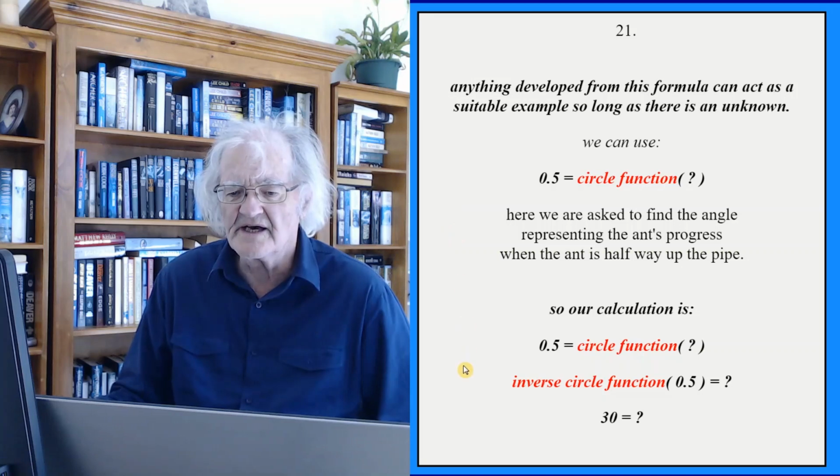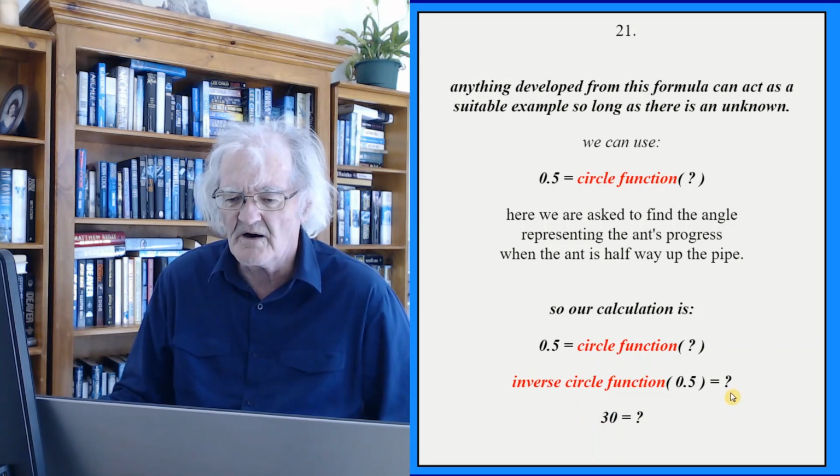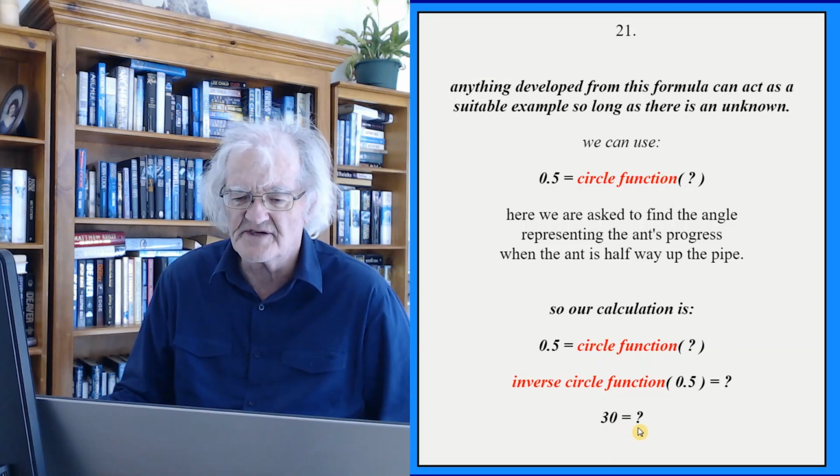So our calculation is 0.5 is the circle function of the missing angle. We use the inverse circle function to isolate the angle. Notice how it's written. We're only shifting a function, so we say inverse function. And the missing angle is 30. It would be 30 degrees.